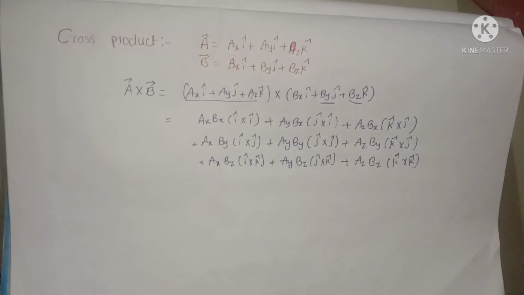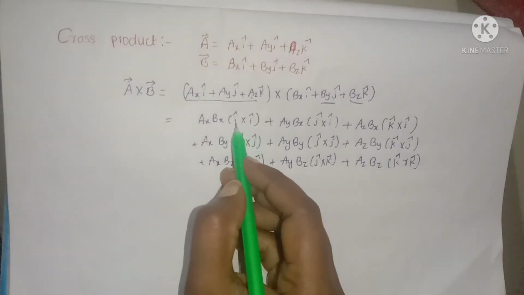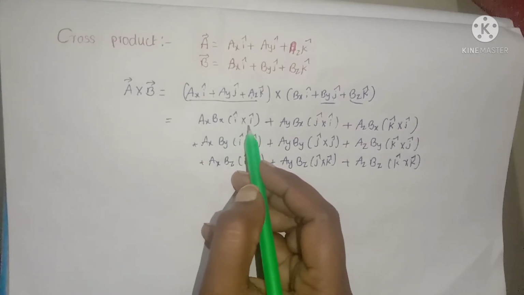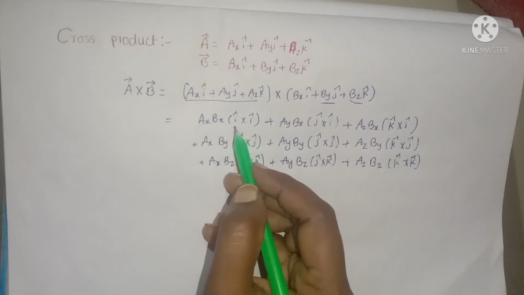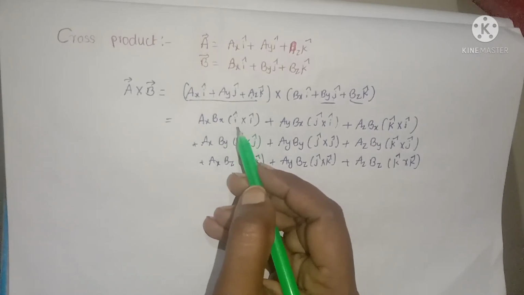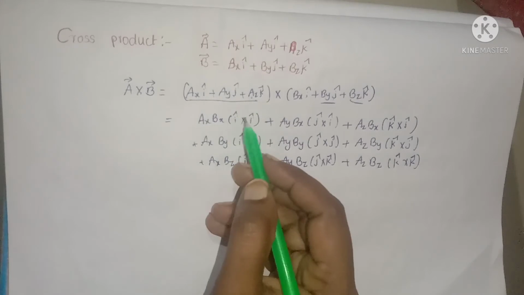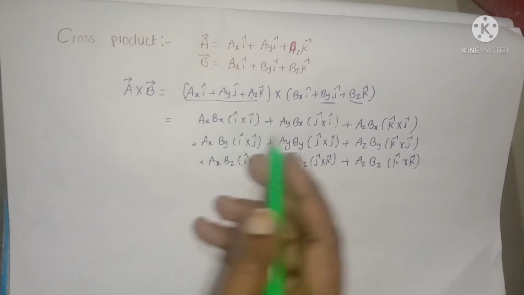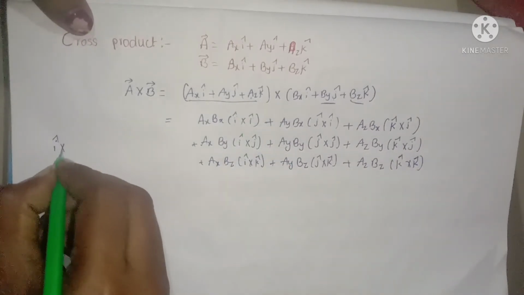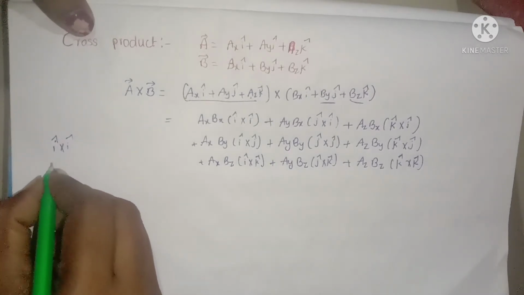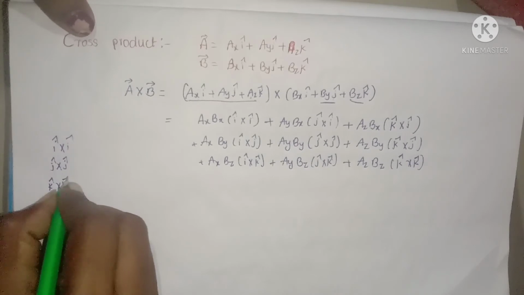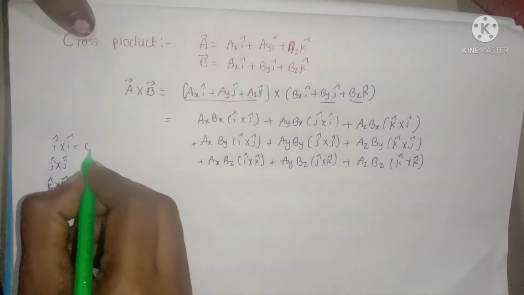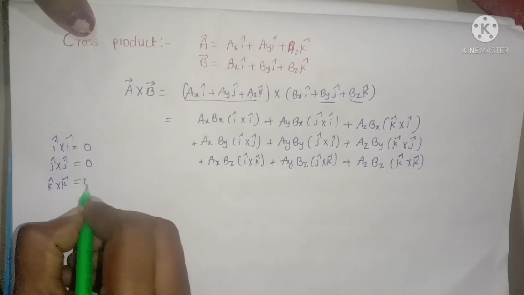So next we have to remember that when the unit vectors are multiplied, there are three rules. First, when a unit vector is cross multiplied by itself, the answer will be 0. Suppose here i cross i, j cross j, k cross k, this is equal to 0.